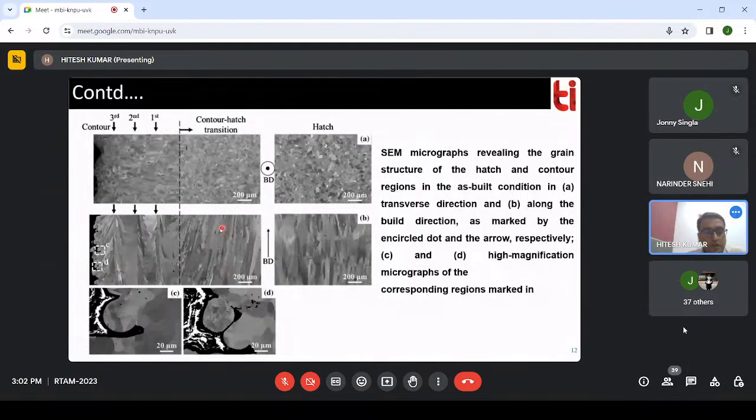And then if we talk about the hatch direction, totally columnar growth is observed. But when we talk about the contour to hatch direction transition, you can observe the columnar growth, and some amount of larger grain structure is also observed.